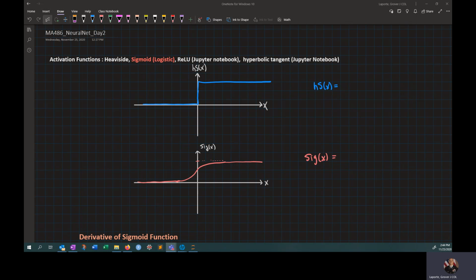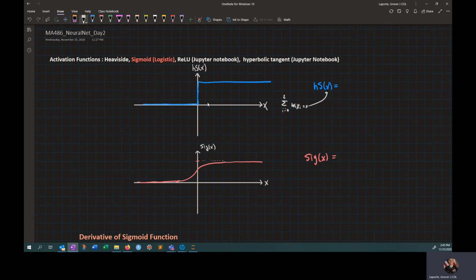Now I know we talked about the Heaviside function last class. The Heaviside function looks like this. Again, we did a summation from i equals 0 to 2 of w_i x_i. That was my x last time, so that's what you're passing into the function.